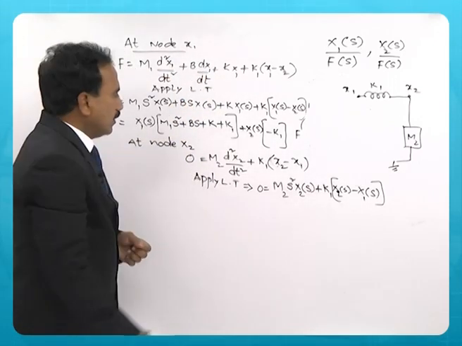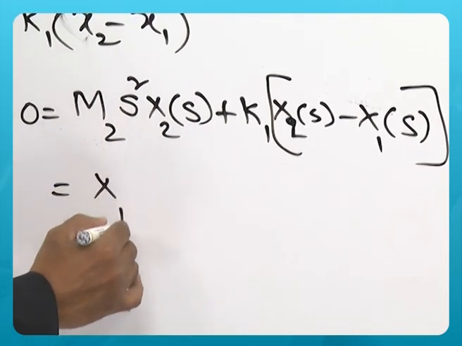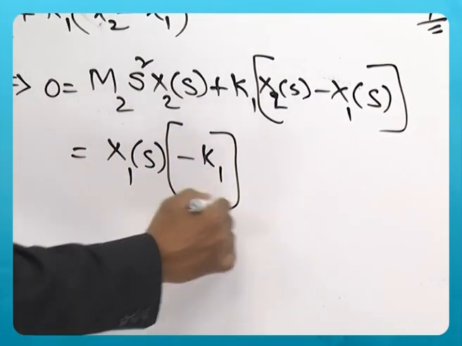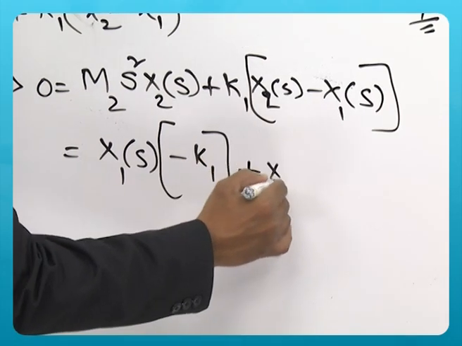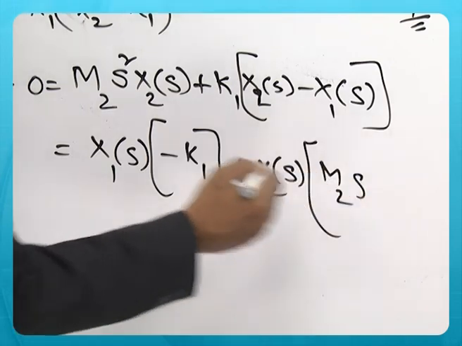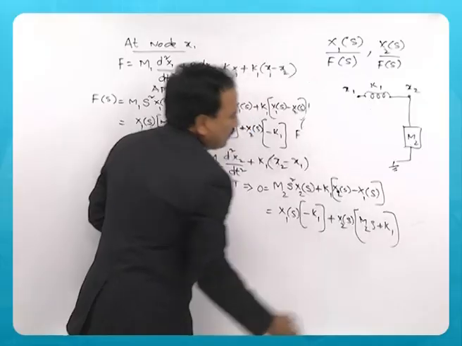This way, you can actually separate the terms of X1(s) and X2(s): the coefficient of X2(s) is m2 s square plus K1.